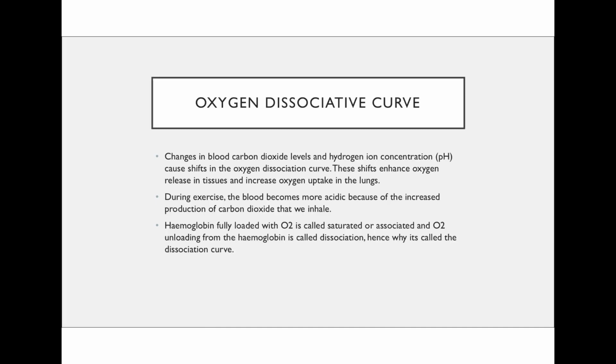During exercise, the blood becomes more acidic because of the increased production of carbon dioxide. Hemoglobin, fully loaded with O2, is called saturated or associated, and O2 unloading from the hemoglobin is called dissociation, hence why it's called the dissociation curve.